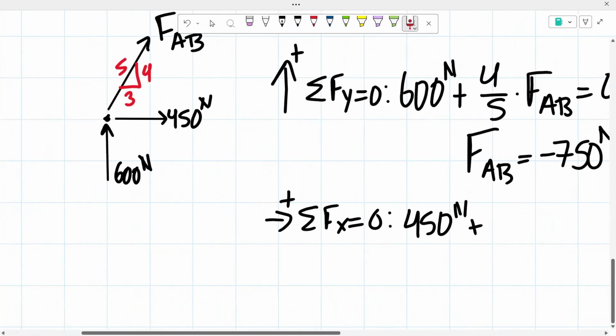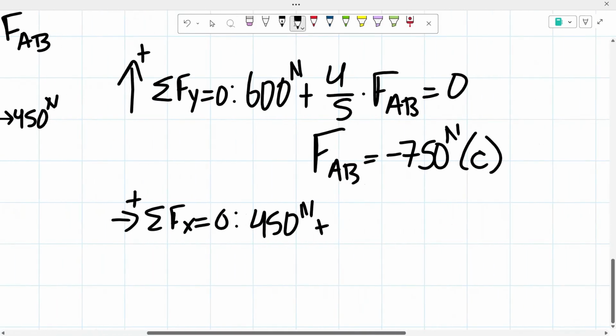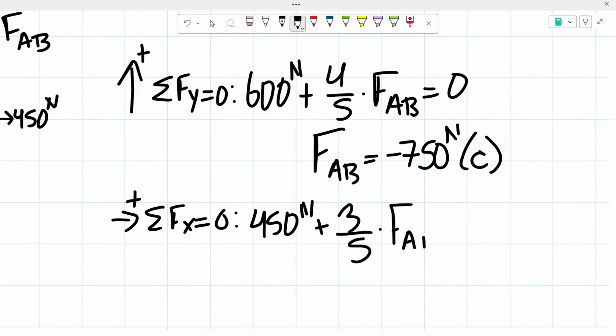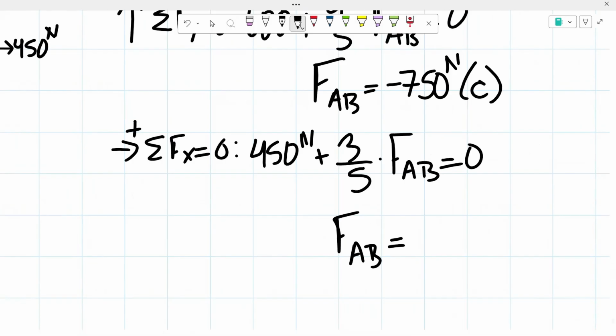And for this one, we would be multiplying the force AB by 3/5, since this time we're trying to determine that horizontal component of it. So plus 3/5 of force AB has to equal 0. Once again, if you were to solve for this, you would end up getting that force AB is also equal to negative 750 newtons. So since it's negative, that means it would be in compression.